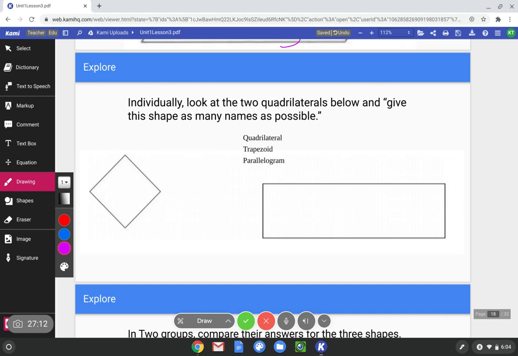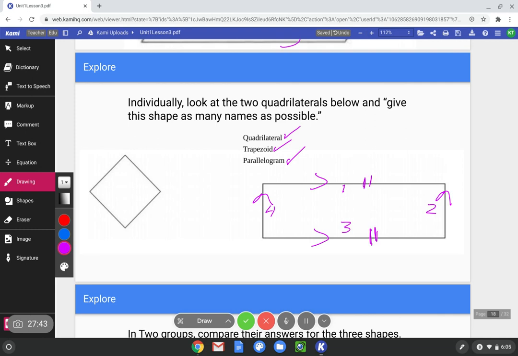Now let's do the one on the right. Remember, start vague and work your way in. 1, 2, 3, 4. It's a quadrilateral. These are parallel, so it's a trapezoid. These are parallel, so it's a parallelogram. What are some other attributes that we can use? Okay, so opposite sides are congruent.